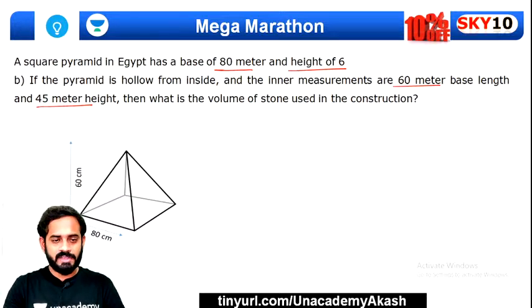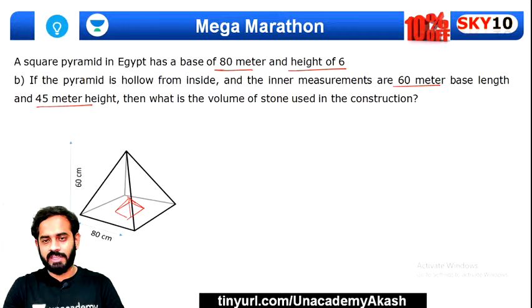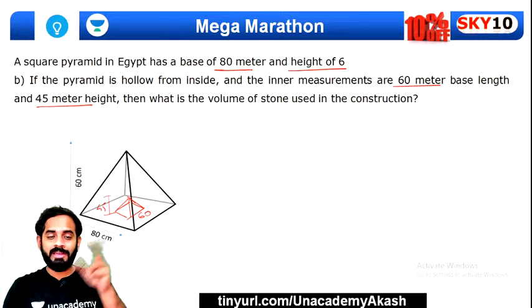Let us consider there is a hollow part here, and that hollow part is also in the shape of a pyramid. Okay, like this, and its dimensions are given. 60 meter is the length of that base, and height is 45.